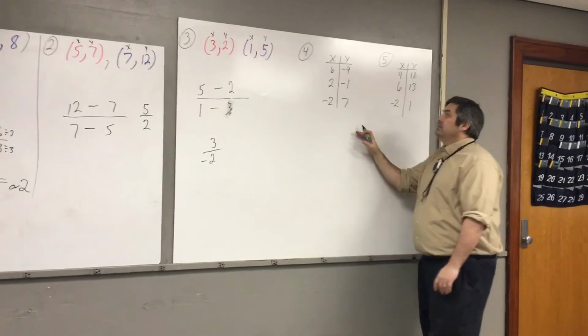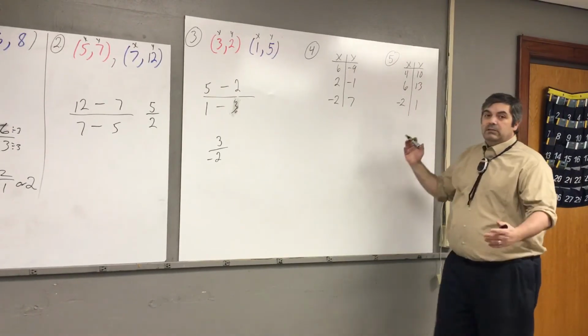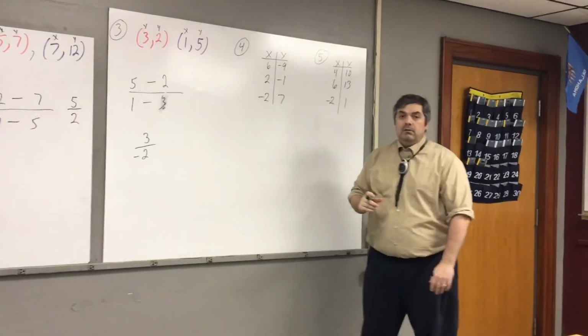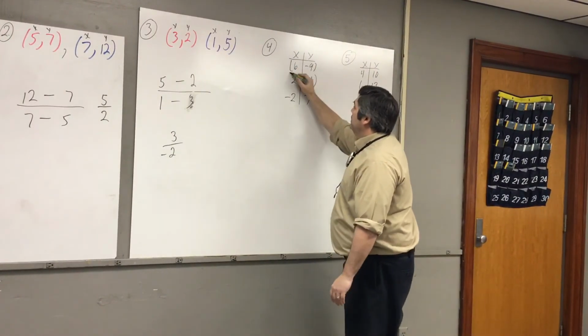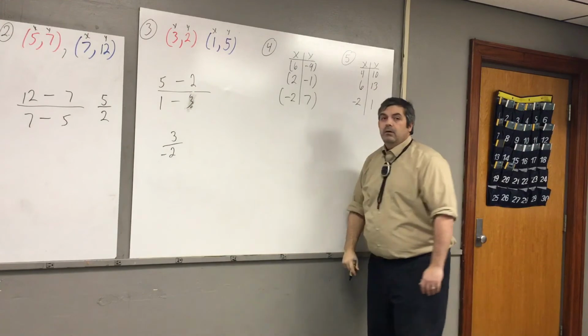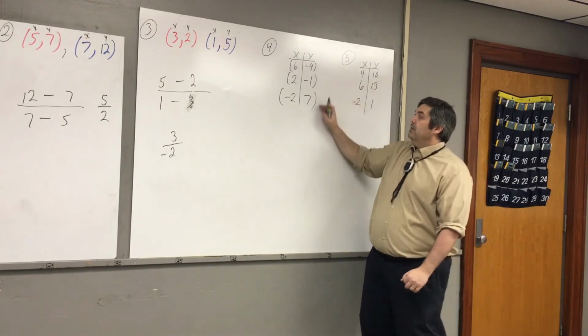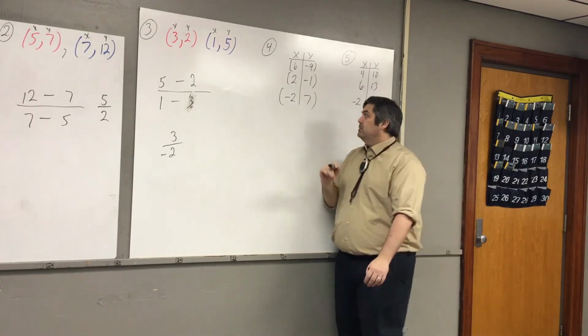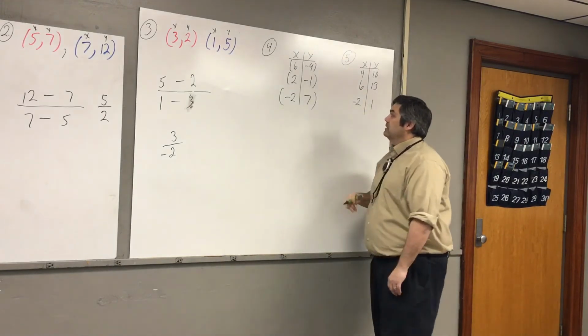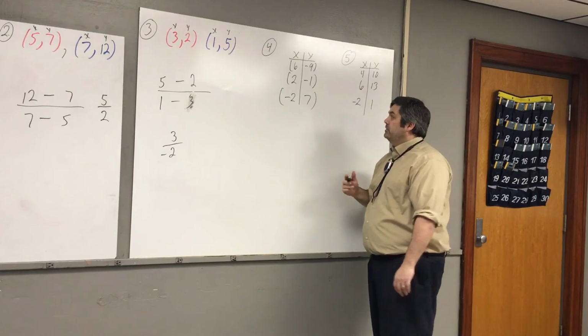Now remember, T-charts are just a list of ordered pairs. That's all it is. Okay, here's one, here's one, here's one. If you have a list of these, like this, you can pick the 2 that you want to use. Just pick 2. Now, I'm going to use these 2 because they're the smaller numbers and it's easy to use.